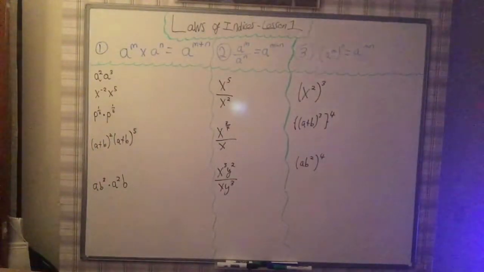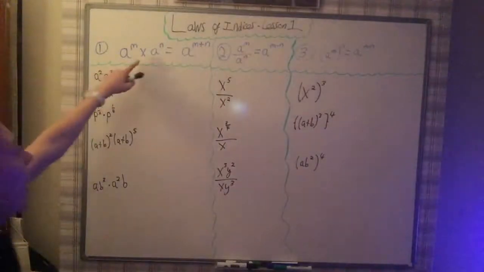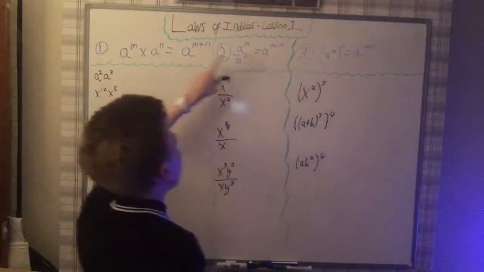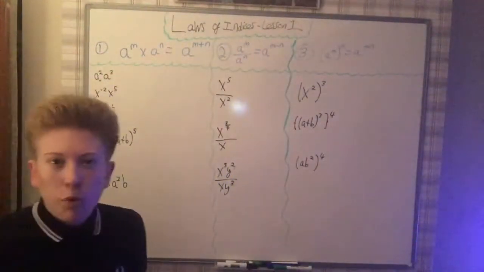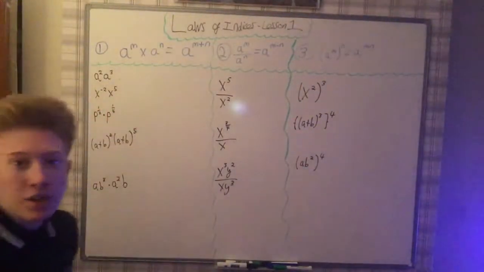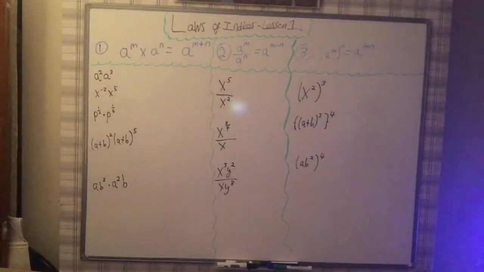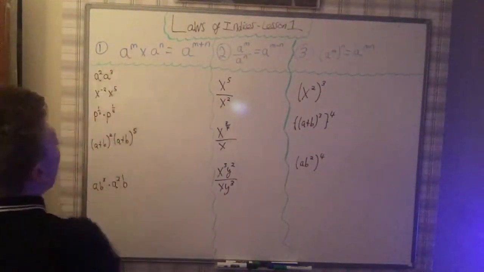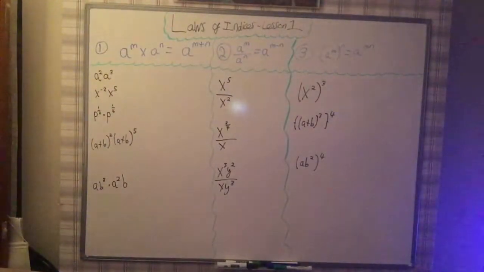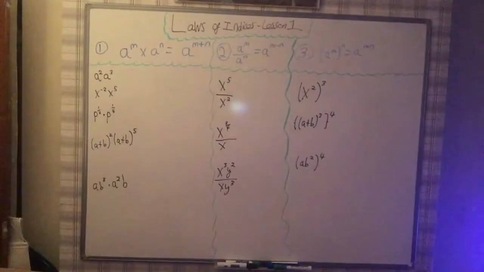So, in this lesson we'll be looking at the 3 main laws of indices, which are here at the top. And as long as you learn these laws, it's quite easy to apply them. We will go through some examples for each one just to make sure you understand completely what's going on with this topic. The first law says a to the power of m multiplied by a to the power of n is equal to a to the power of m plus n.